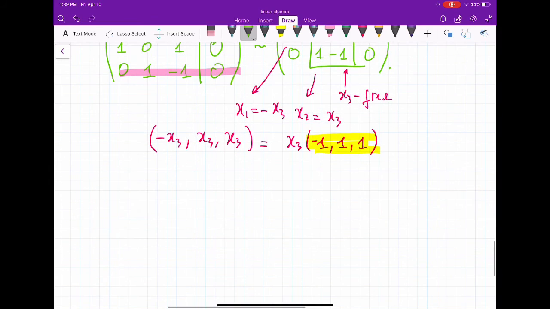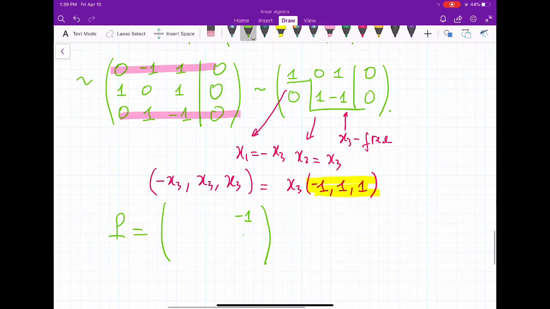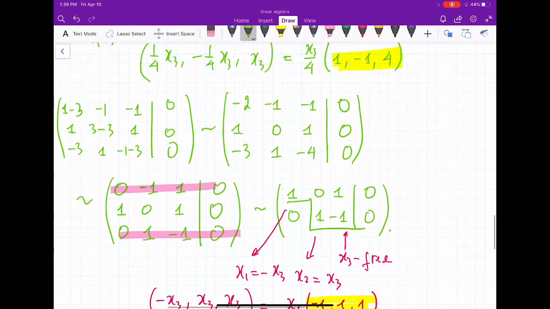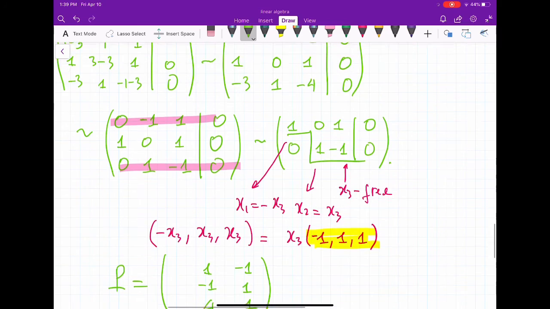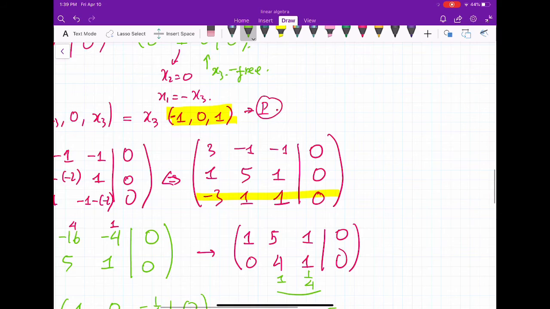Now we have matrix P look like. The third column, I have this in here, so I just copy that. The second column is 1, -1, 4. And the first column is what? Where's the first column? -1, 0, and 1, right?